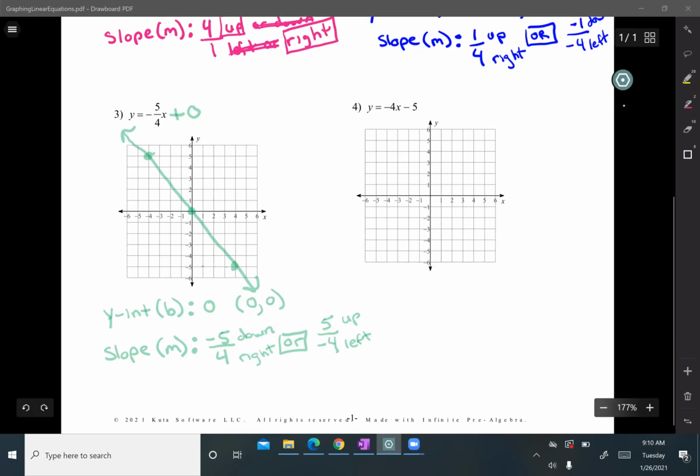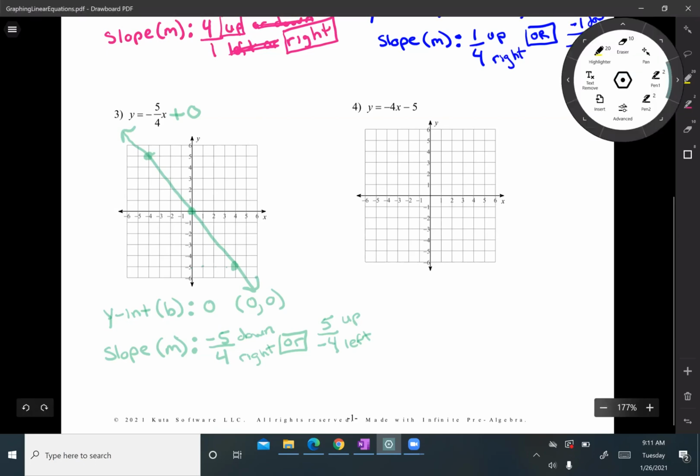Let's go through the last one, because then you'll have 4 good examples. Okay, so my y-intercept, which is my b value. Hopefully you recognize that should be -5, which is the point (0, -5). And you graph that first.